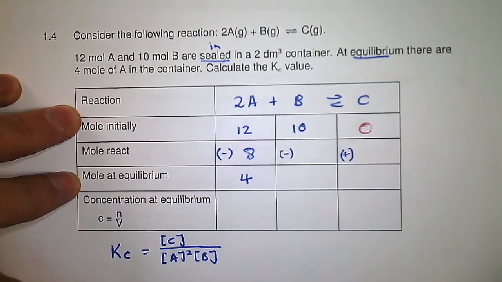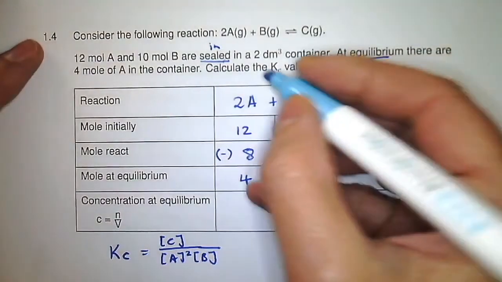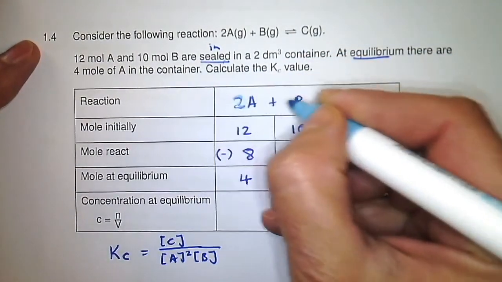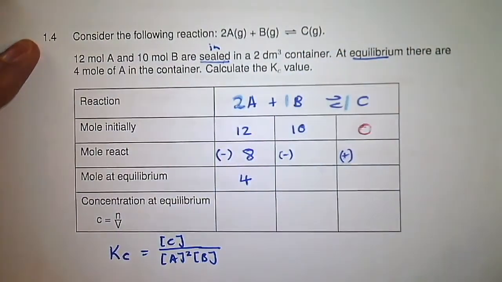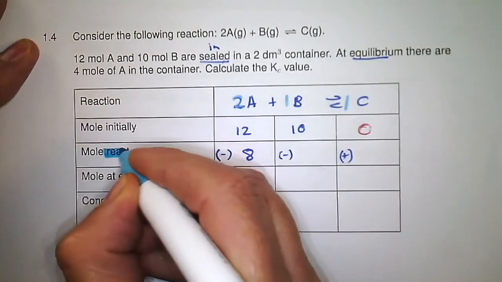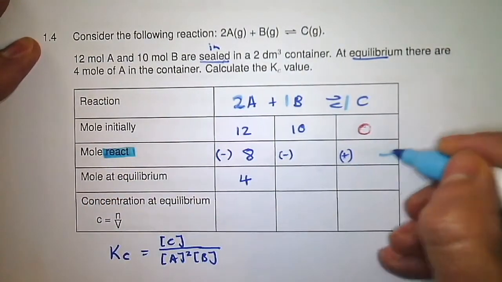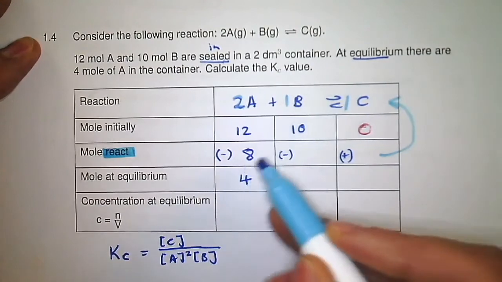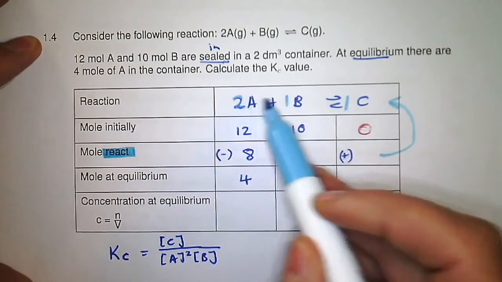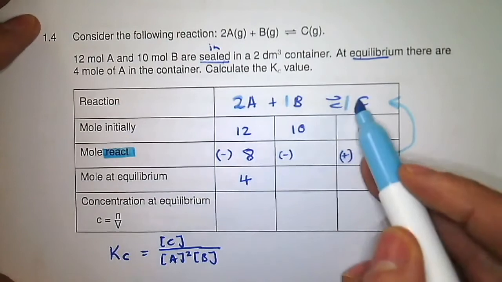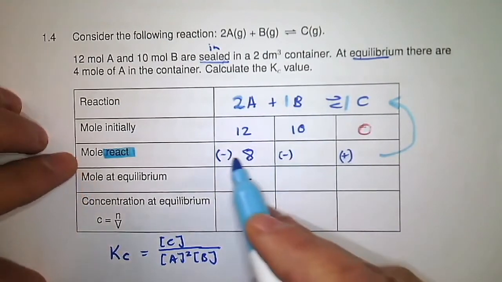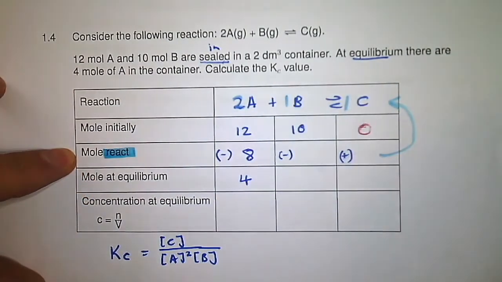Right, and the moment you've got that 8, this makes it easy because I know it reacts in the ratio 2 to 1 to 1. It reacts according to your equation. Now this is the only row that's going to have the same ratios as that, because it reacts according to the reaction.